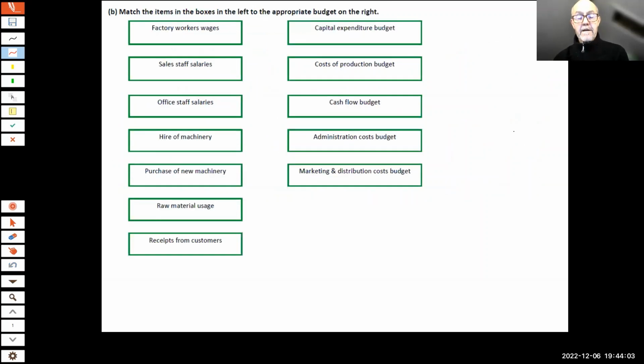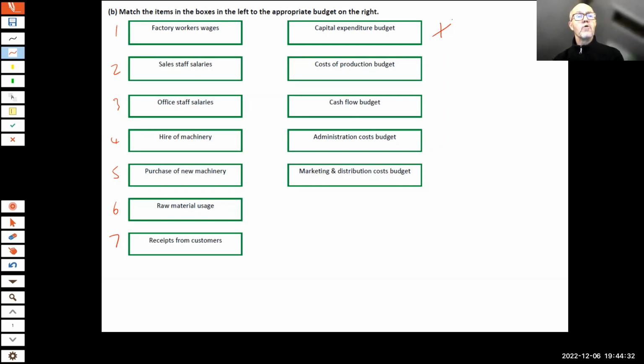Once again, boxes on the left, to the budget on the right. 3, 4, 5, 6, and 7. Factory workers' wages, capital expenditure. I don't think they have an awful lot to do with wages.